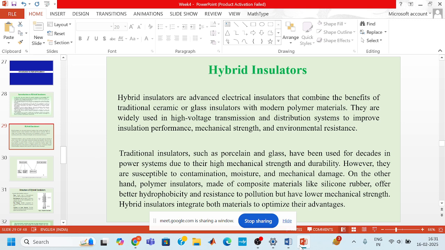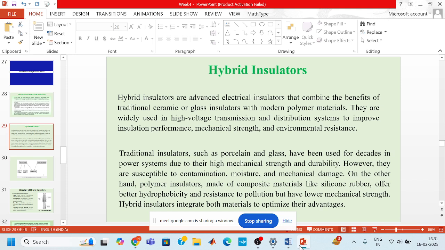So hybrid insulators are advanced electrical insulators that combine the benefits of traditional ceramic or glass insulators with modern polymer materials. They offer both the mechanical strength from the traditional and the electrical strength from the polymer insulators. They are widely used in high voltage transmission and distribution systems to improve insulation performance, mechanical strength, and environmental resistance.